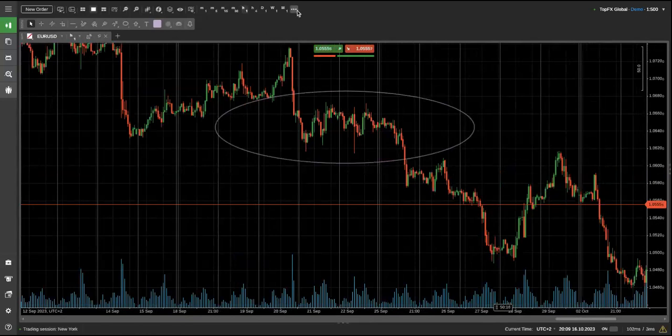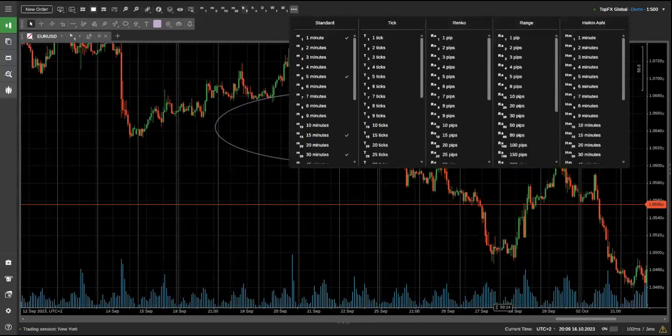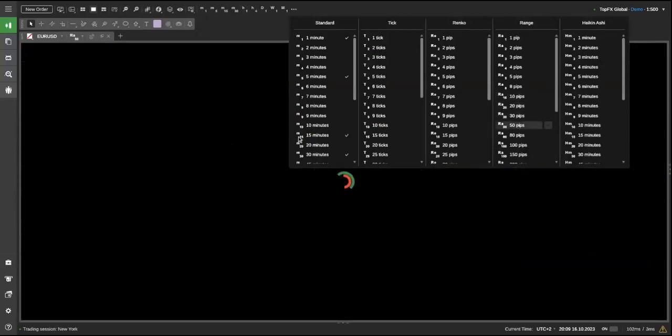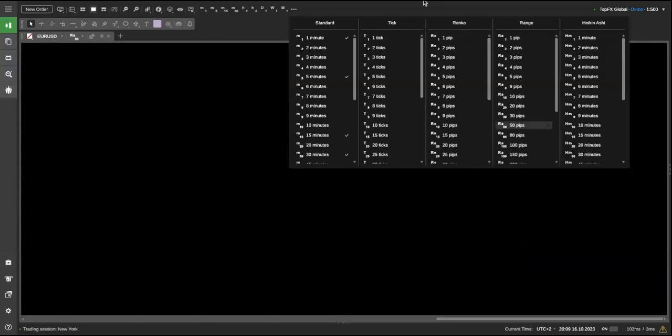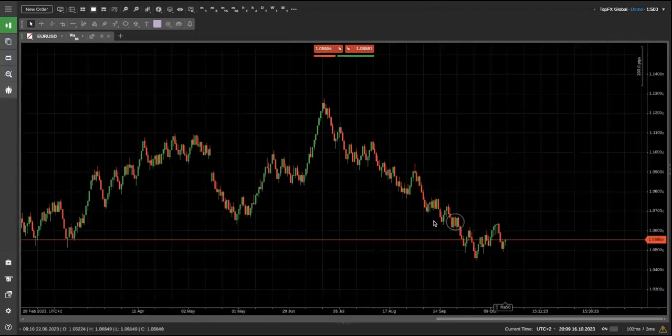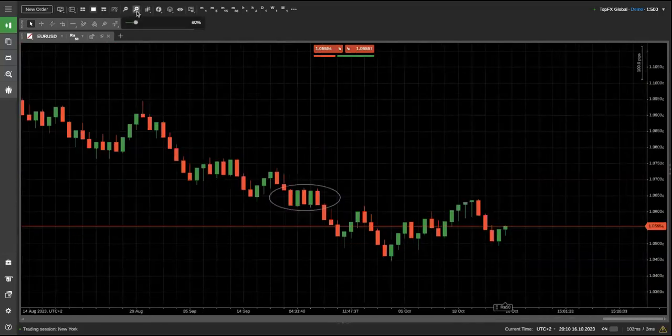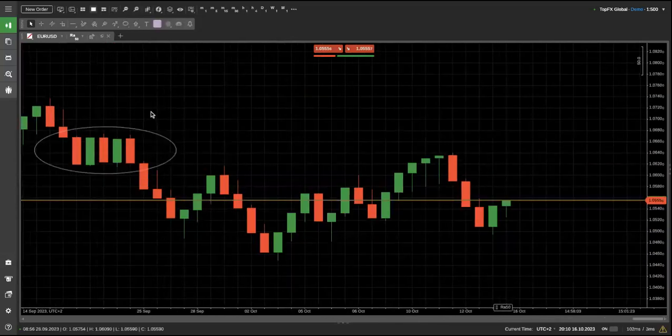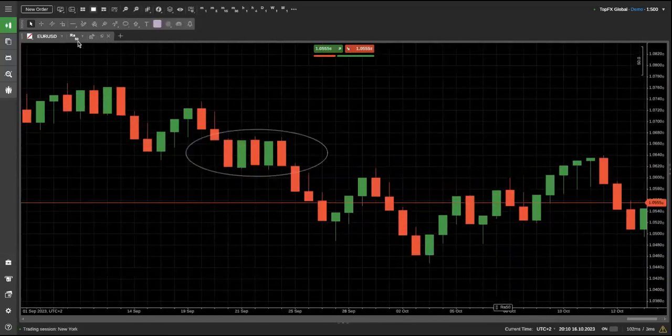So that's the difference, as you can see here, between range bars and the standard bars. We eliminate all of this noise. We only want to see the movement of the predefined number, which is 50 pips right now. And that's only 5 bars. All right.